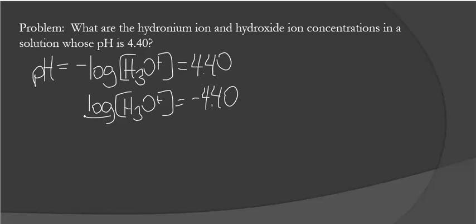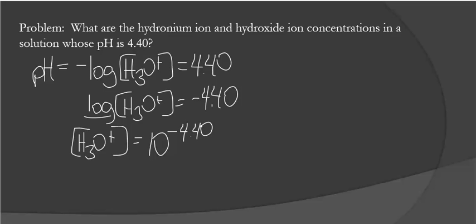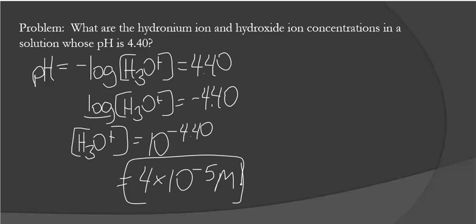Now to get rid of log, we're going to take the anti-log, which on your calculator is the function right above the log key. It's 10 to the x. So to get the concentration of H3O, I'm going to take the anti-log, which is 10 to the negative 4.40, and you should get an H3O concentration of 4 times 10 to the negative 5. So make sure you can get that on your calculator.